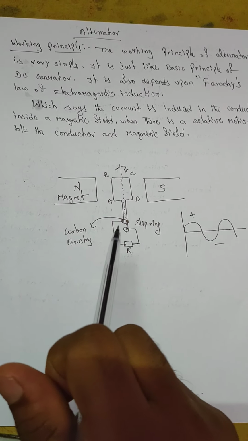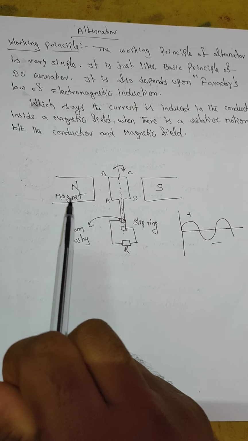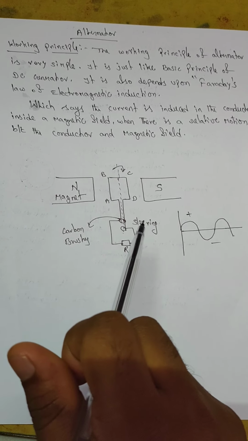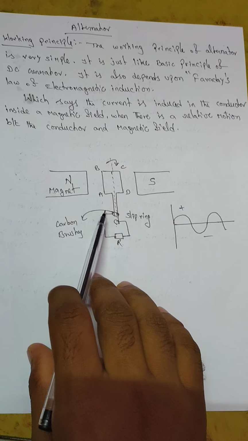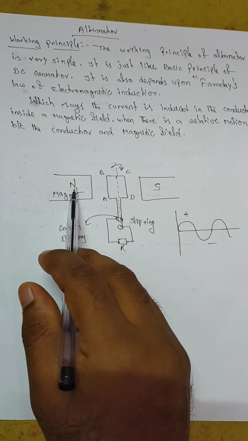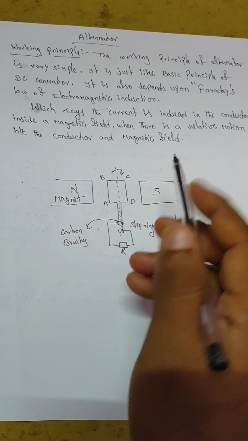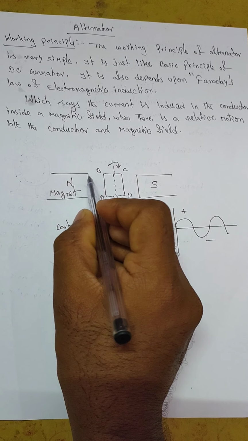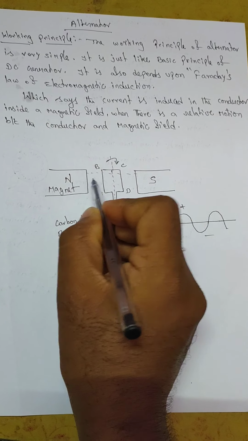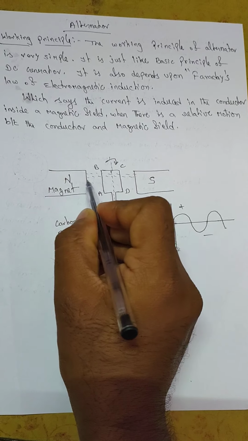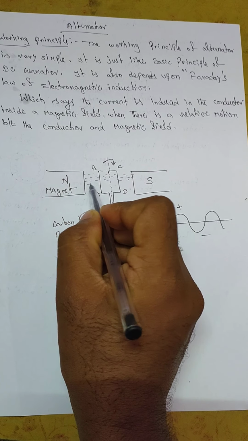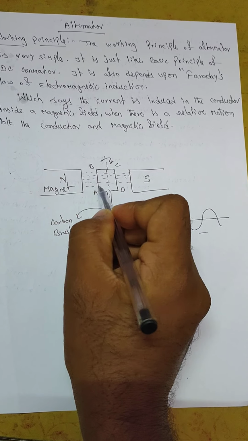That is the difference between the DC generator and the AC generator. In the diagram we have a north pole and a south pole, and due to their presence the magnetic lines pass from one side to the other.